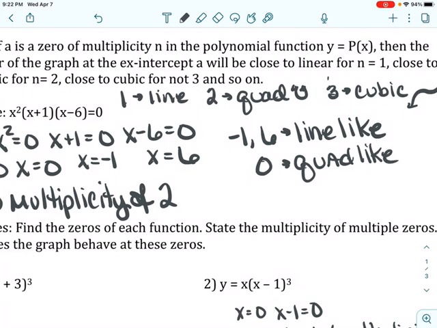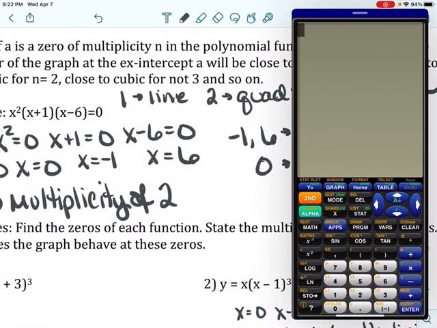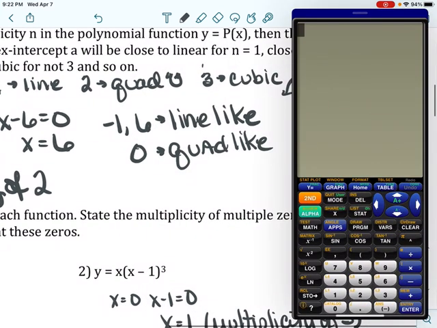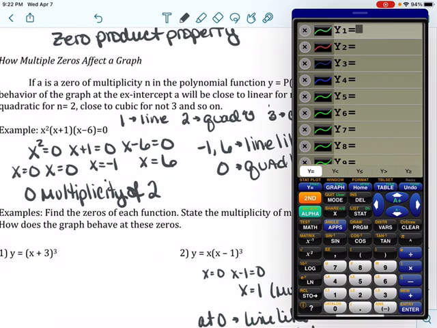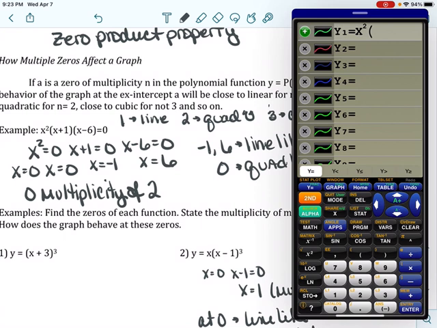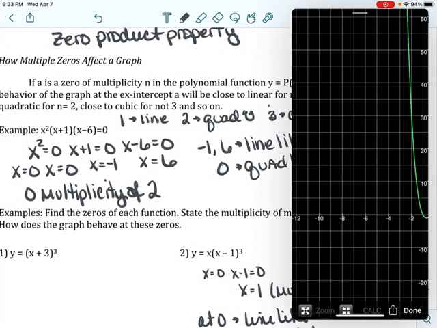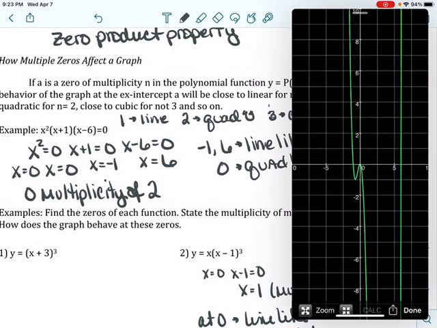Okay, so what do I mean? So I'm going to put this in my calculator. All right, so I got x squared times x plus 1 times x minus 6. Okay, we're going to graph that. Let's put it back in Zoom Standard.